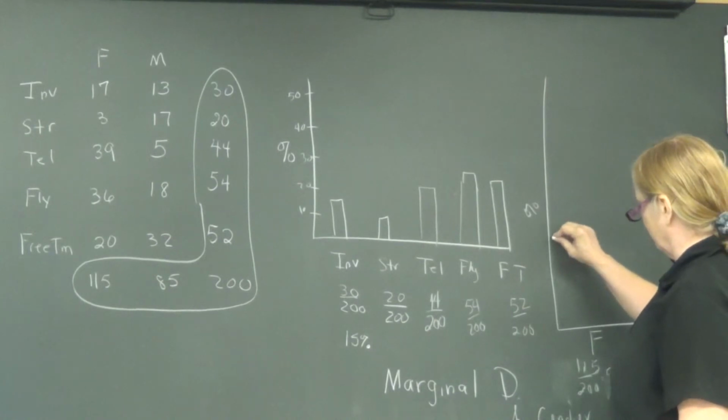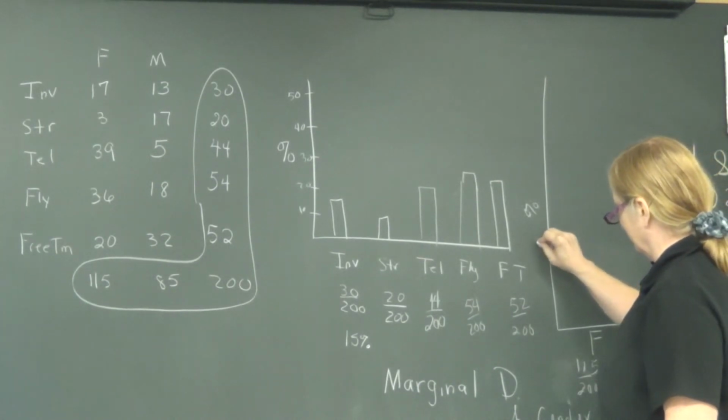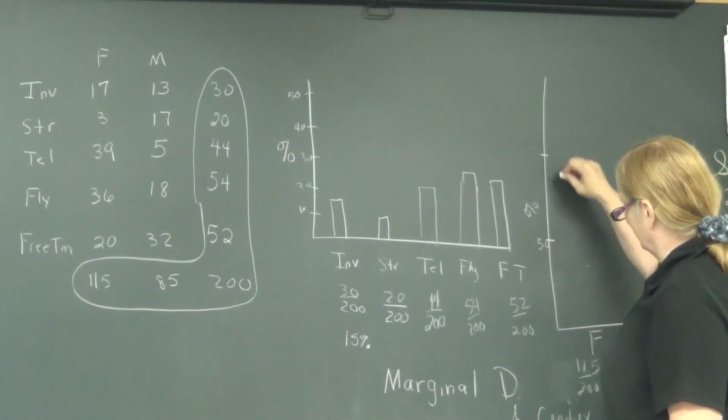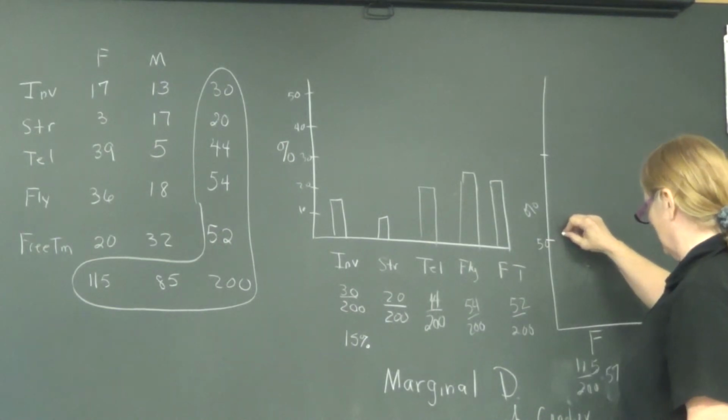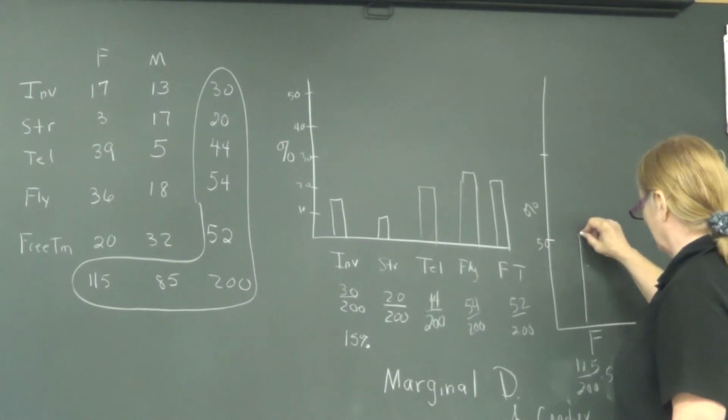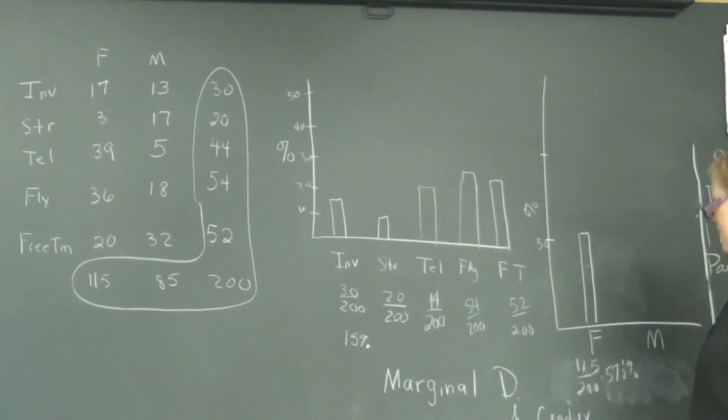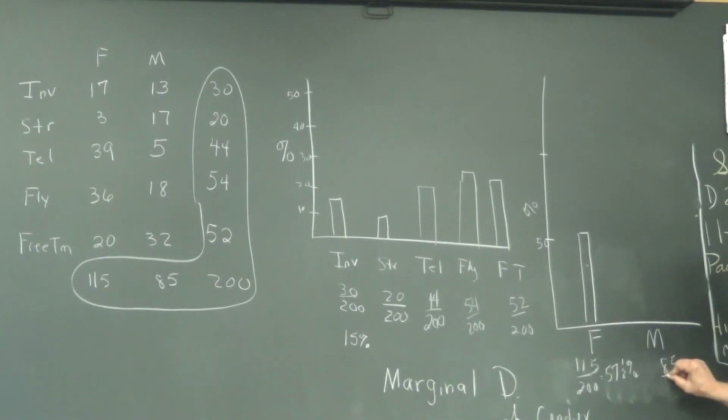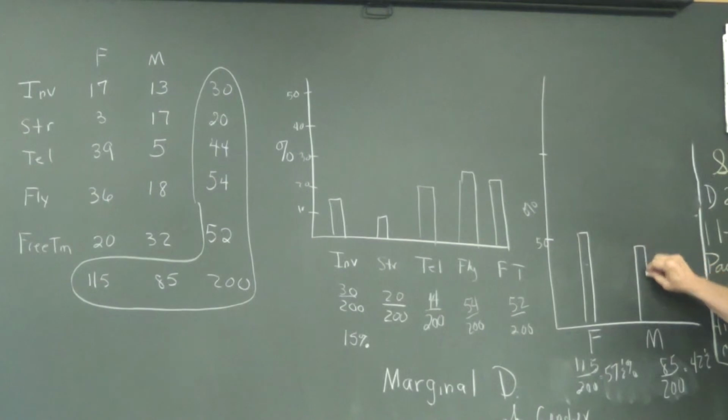So say I put 50% here and 100% here, 57 would be about right there. All right, and Ally, what numbers would I use to calculate the marginal distribution for males? It would be 85 divided by 200, which would be 42.5.